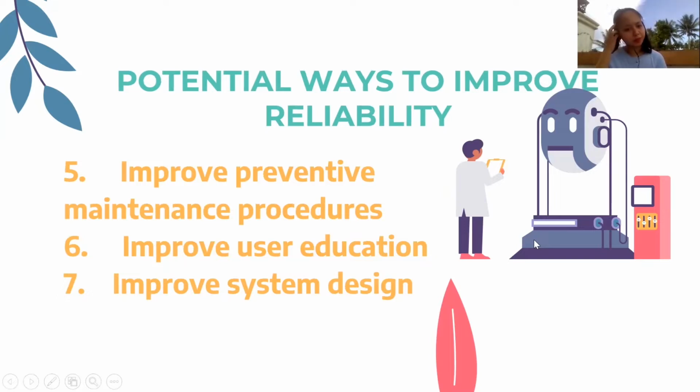5 is to improve preventive maintenance procedures. Just like those, there should also be a backup on how it functions. Of course, there should be preventive maintenance procedures to be followed just in case a failure happens. For example, a smoke detector.